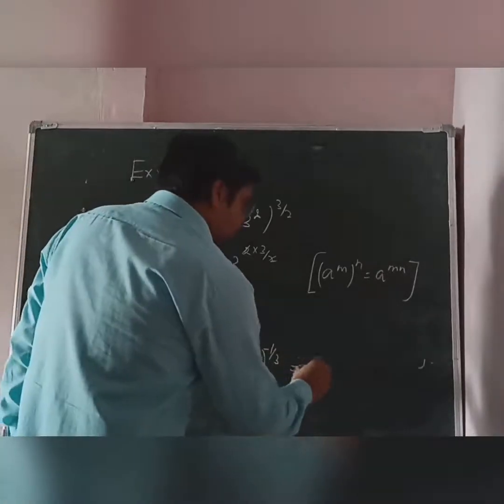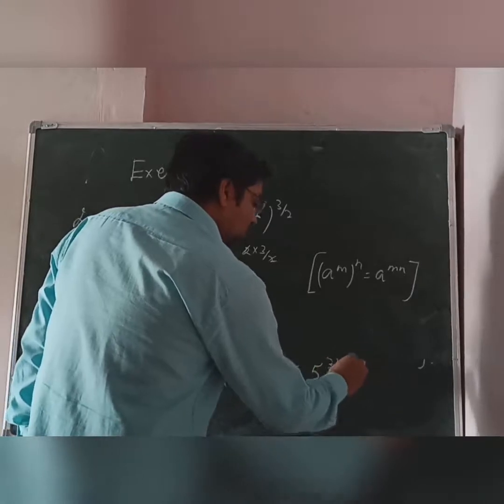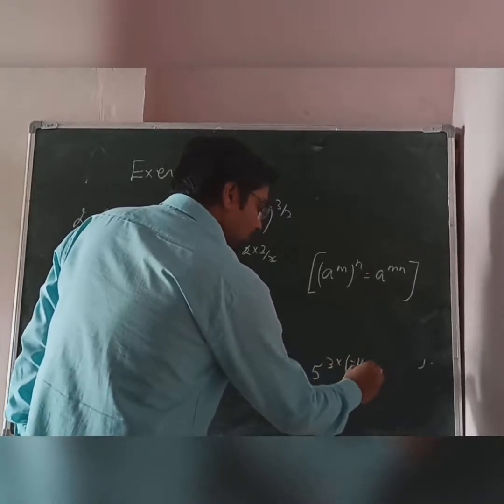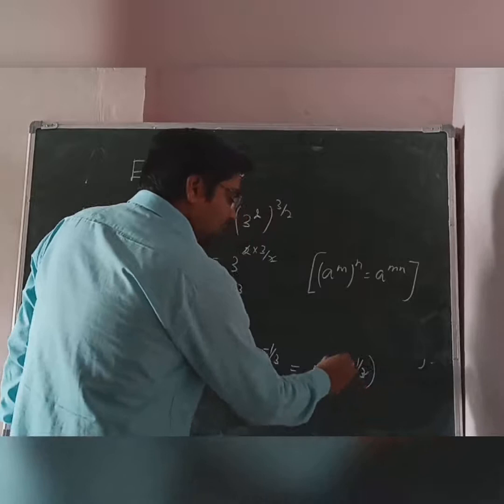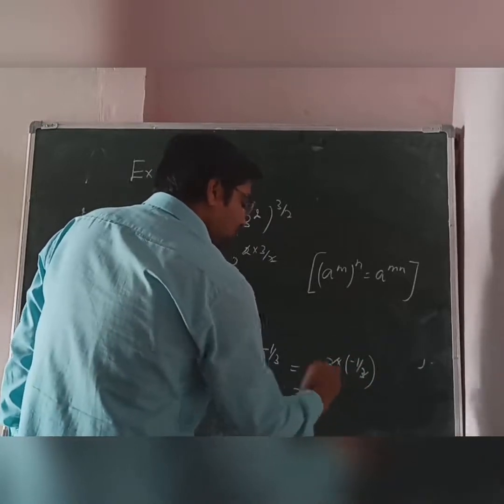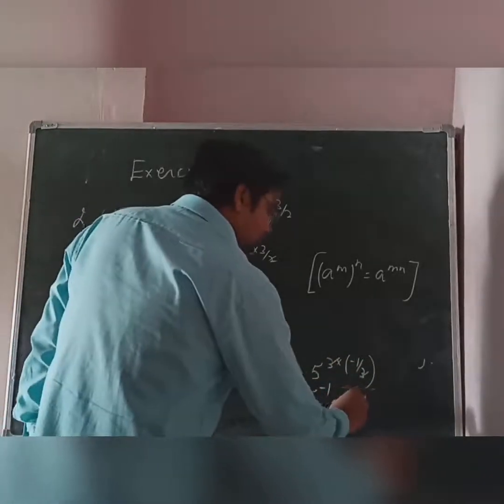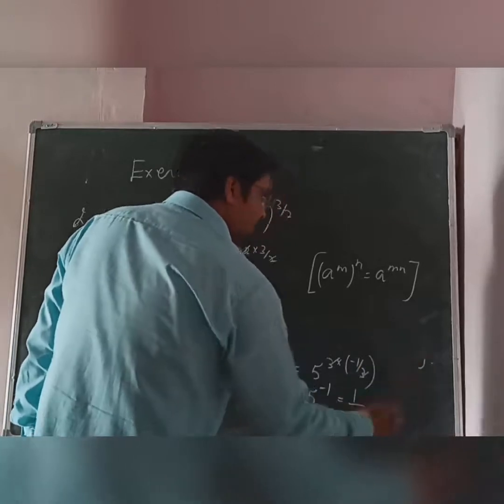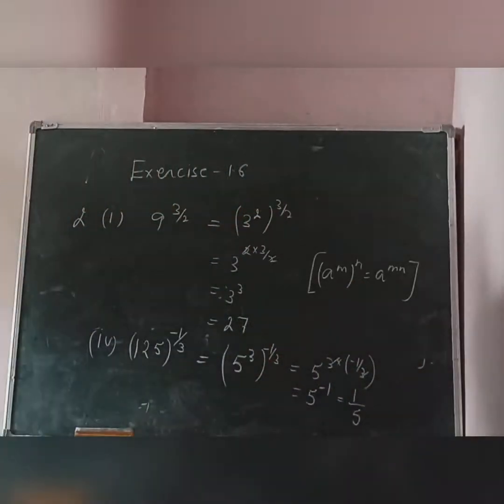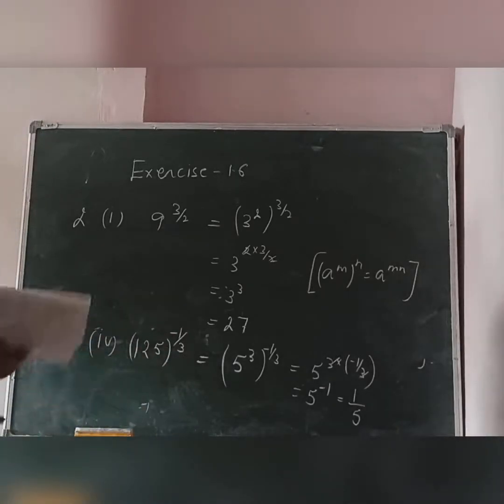So this equals 5 to the power 3 into minus 1 by 3. Again the 3 cancels, you will get 5 to the power minus 1, and 5 to the power minus 1 equals 1 by 5. Same method you are using here. Okay. Now you can use this and solve this.